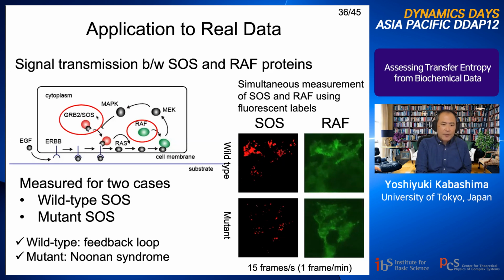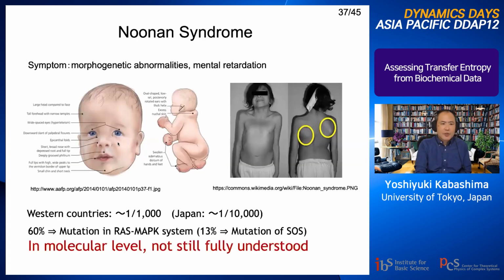And if the Src is a mutant, it is known to be related to Noonan syndrome, a genetic disease. The symptoms of Noonan syndrome are morphogenetic abnormalities and mental retardation. You can see a typical case here: the two bones are placed in asymmetric positions. This is a typical symptom.